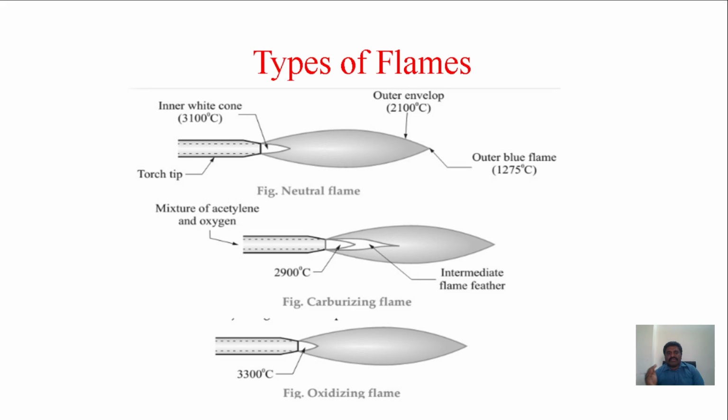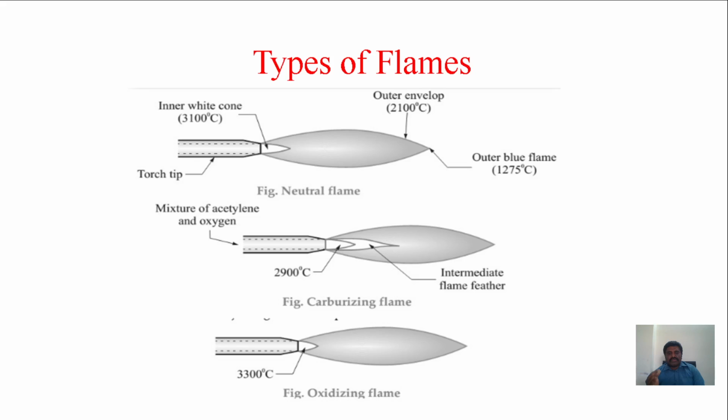The ratio of gas to oxygen, that is acetylene to oxygen, is 1 to 1 in a neutral flame, and no chemical reaction takes place. This is mainly useful for mild steel, stainless steel, or cast iron.